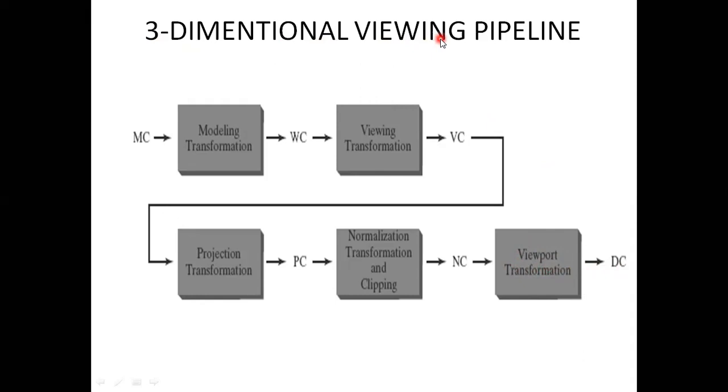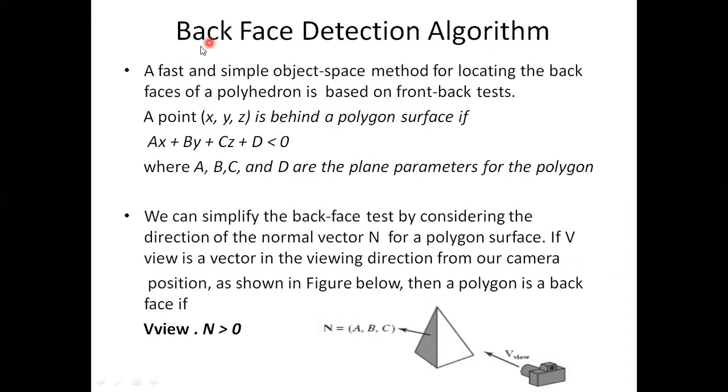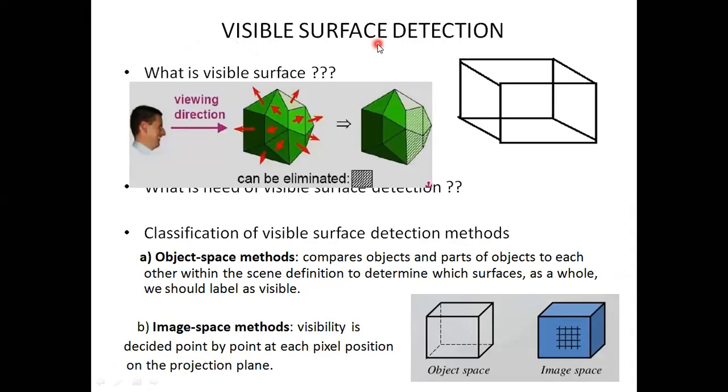This is an important question: explain the three-dimensional viewing pipeline. Next we shall come to a very important concept of this fourth module, which we call visible surface detection. This is with respect to our 3D object.